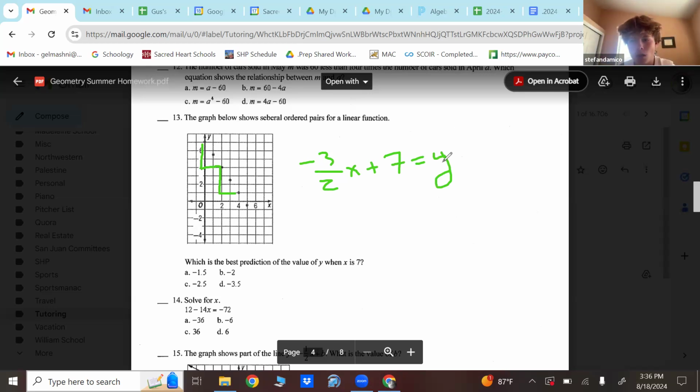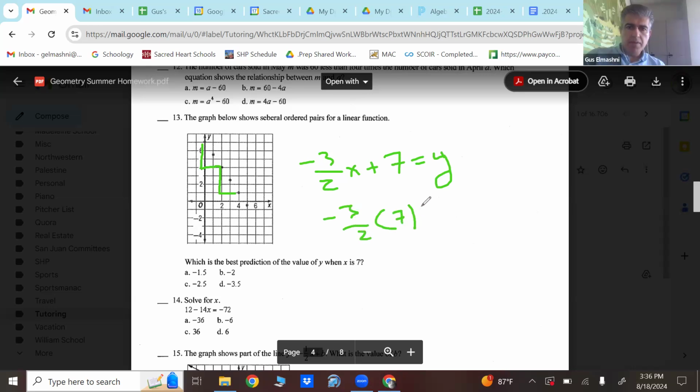Then if you plug 7 in for X and work it out, you should get -7/2 for that one. So it's D. Yeah.